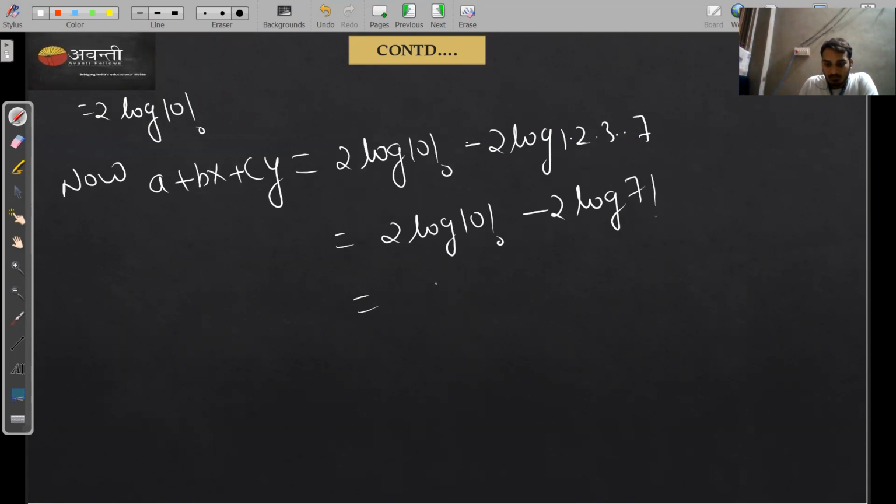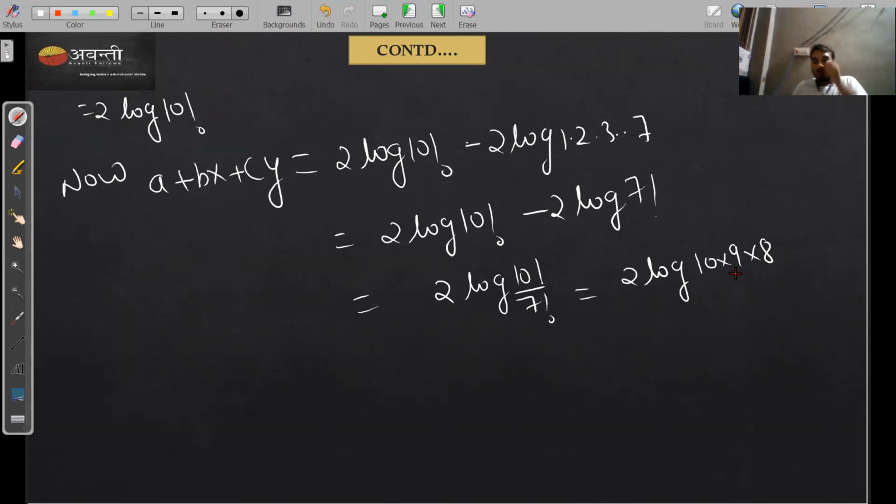So it is 2 times log of 10 factorial by 7 factorial, yes or no? Which is 2 times log of 10, 9, 8, and 7 factorial gets cancelled out.